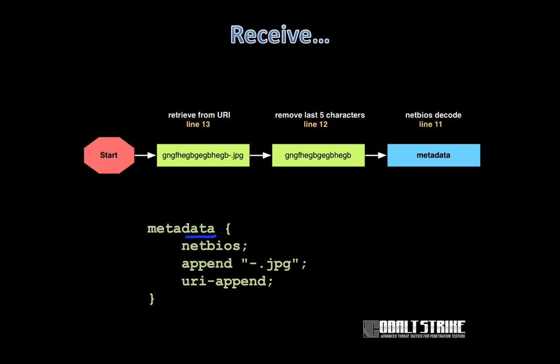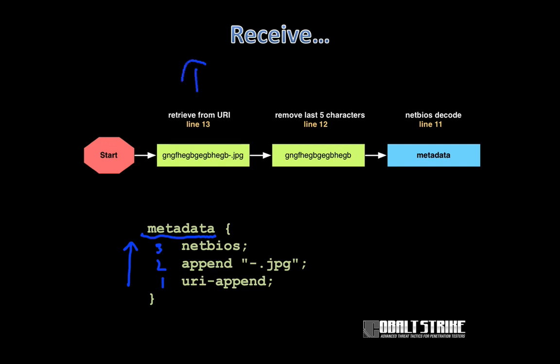We're going to use, again, the same metadata block, but instead of following it to send the data, we're going to work backwards and recover the original metadata. When we're doing a recovery of data, we follow these steps backwards. So let's go ahead and start.